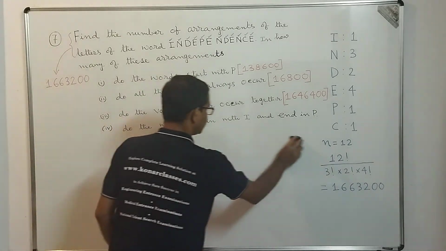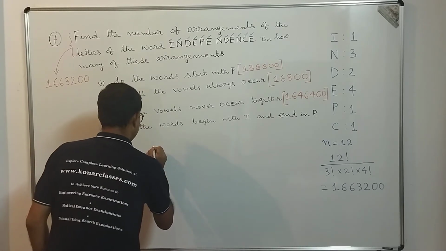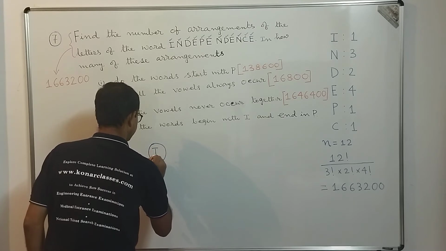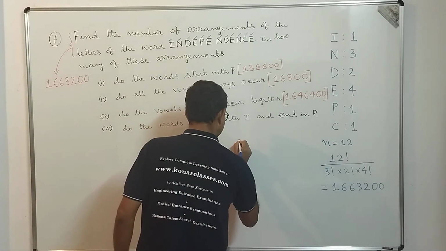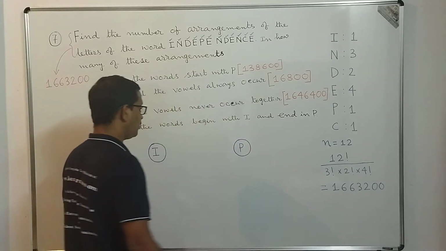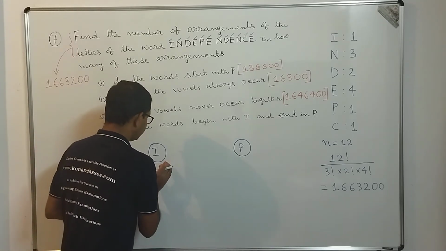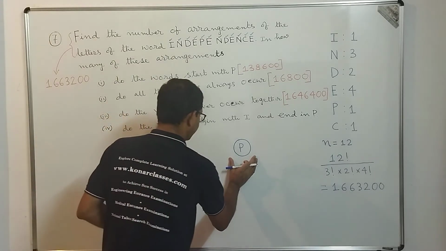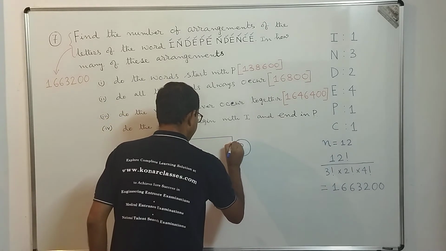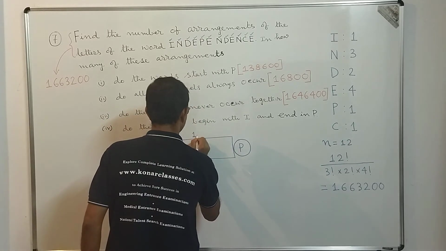That means our first letter is fixed, that is I, and the end letter is also fixed, that is P. So out of these 12 letters, 2 letters are fixed, one at the beginning and one at the end. Now in between, how many letters are possible? There are 10 letters possible.